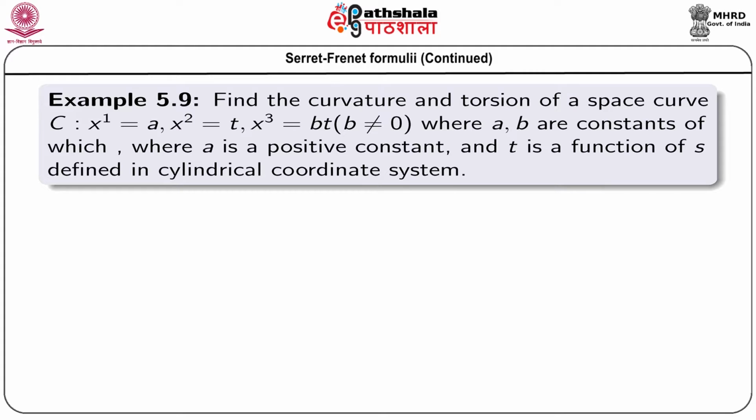Now, let us see another curve where x 1 equal to a, x 2 equal to t, x 3 equal to b t, b not equal to 0, and a, b are constants where a is a positive constant and t is a function of s, and we are trying to find the curvature and torsion in cylindrical coordinate system.